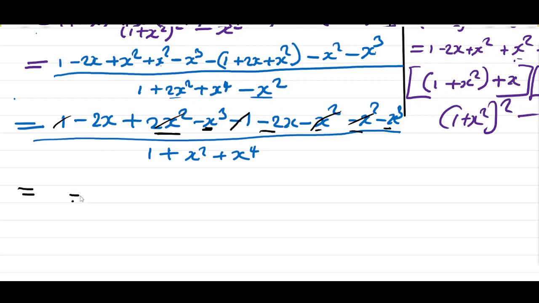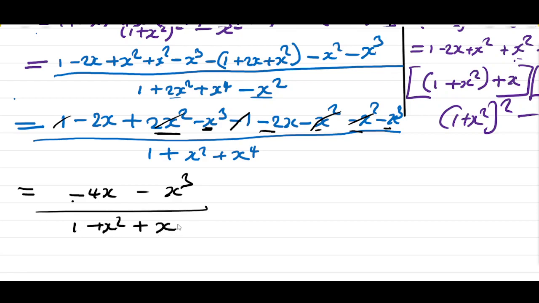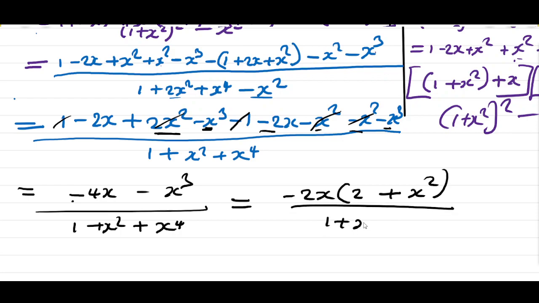So we have negative 4x first of all, negative x to the third power. Then everything becomes all over 1 plus x squared plus x to the fourth power. So I'll have to bring out negative 2x, I think. Negative 2x. Then we'll have 2 plus x squared, all over 1 plus x squared plus x to the fourth power.